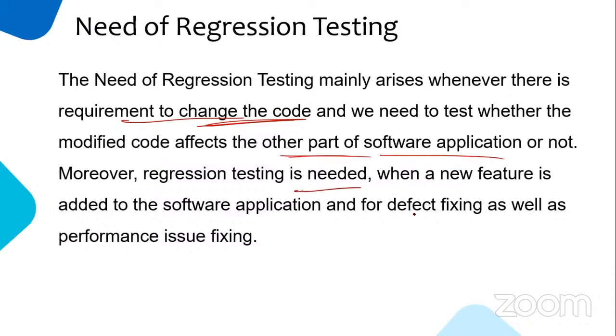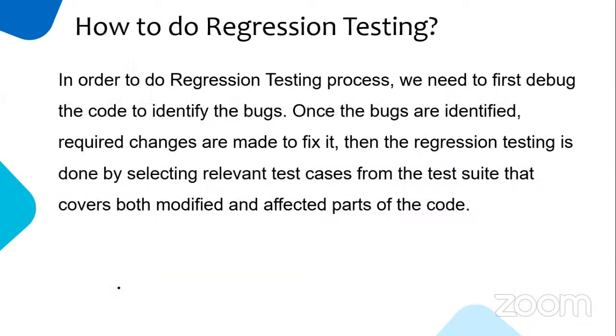So regression is needed when a new feature is added to the software application or for defect fixing. Sometimes you fix the defect as well as performance issues. So many fixes are there, but still the existing functionality should work fine. That's why I'm going to test the entire application.